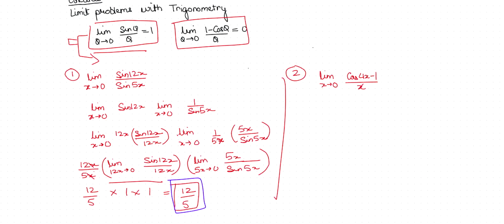So this is a question, and we can use this second fact which was used here. So this is 4x and this is cos of theta.